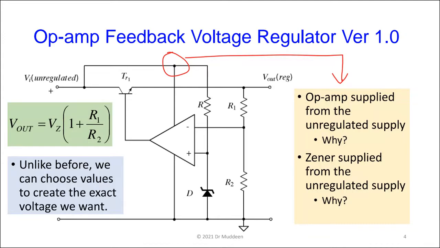And in fact, the better design, which I have drawn later on, is to supply the Zener diode from the regulated supply. It gives us a better, more stable design. Remember, from our design yesterday, you calculate this value based on the worst case performance.